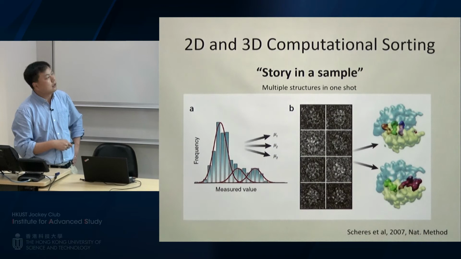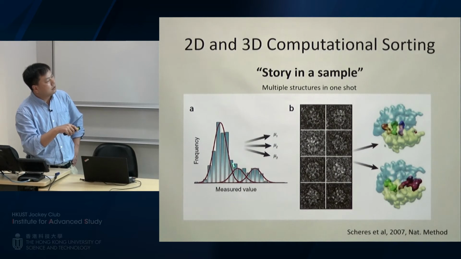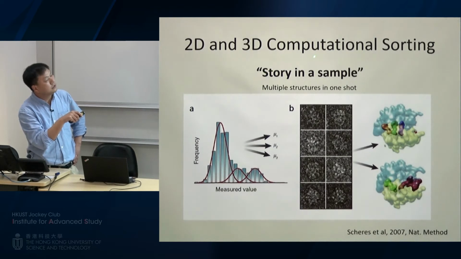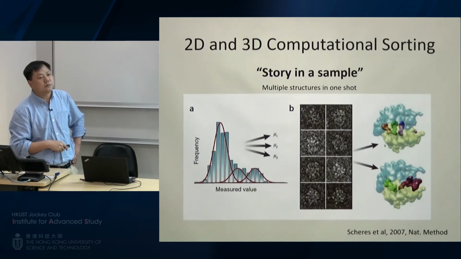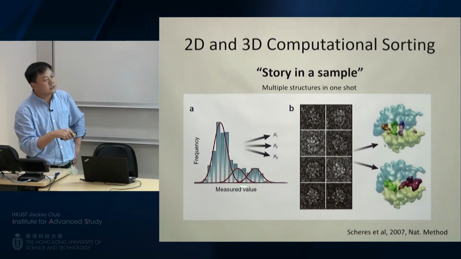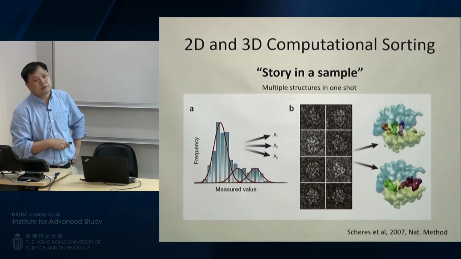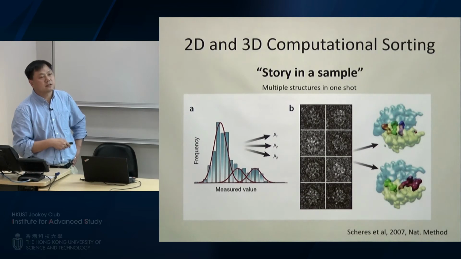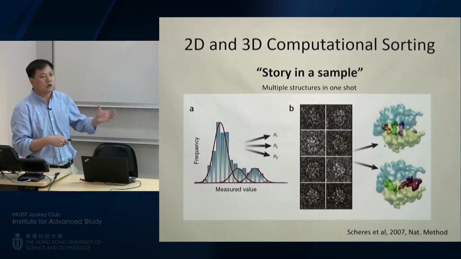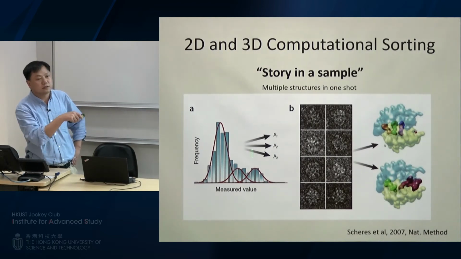So with all this benefit of the new generation of camera, as I said, another breakthrough is a new generation of algorithm for 2-dimensional and 3-dimensional classification. In our perception, the 3D reconstruction is that all the images we have collected can be regarded as 2D projections of the same object. But in fact, biological materials or molecules oscillate between different functional states in the solution.